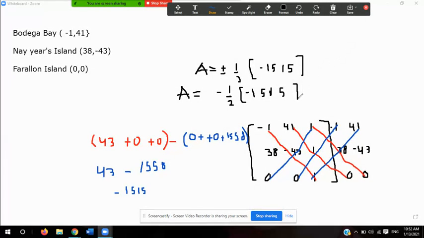So if I'm multiplying negative 1,515 by negative 1/2, the reason I chose negative 1/2 is because the plus or minus indicates that I can choose either a positive or a negative value in order for my answer to give me the approximated positive value. So I multiply negative 1,515 by negative 1/2, and my answer is approximately 758 miles. And that's how you find the area using determinants.